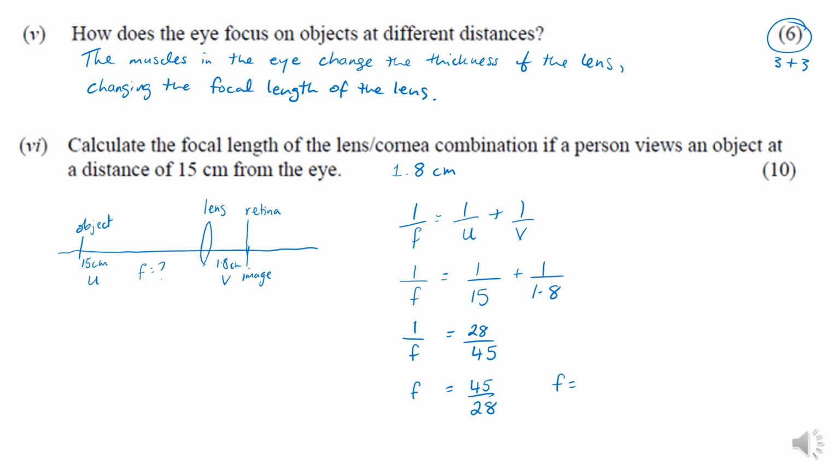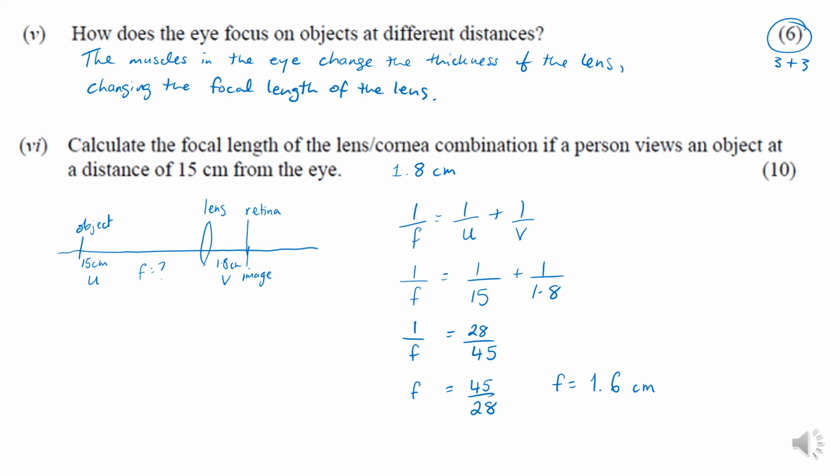And dividing 45 by 28, I'm going to get 1.6. And all of the values previously were in centimeters, so this will also be centimeters. It's telling me the focal length of the eye lens at that point is 1.6 centimeters.